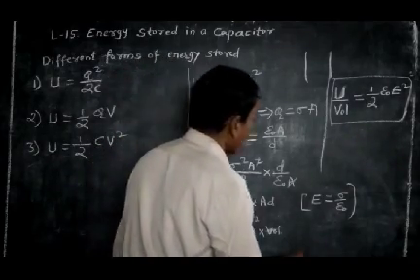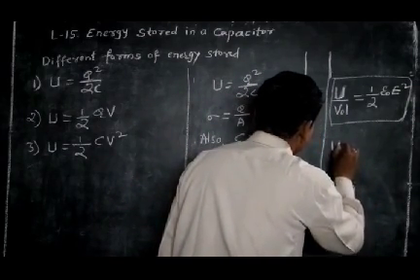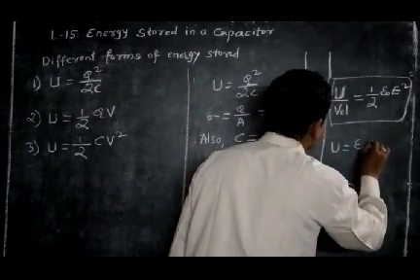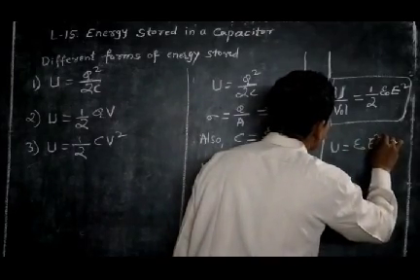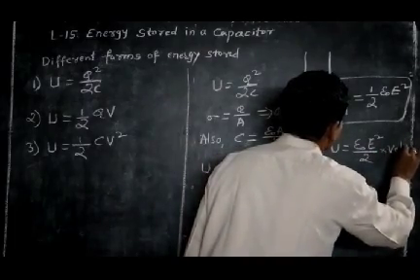This U can be written as U equal to epsilon naught into E square upon 2 into volume.